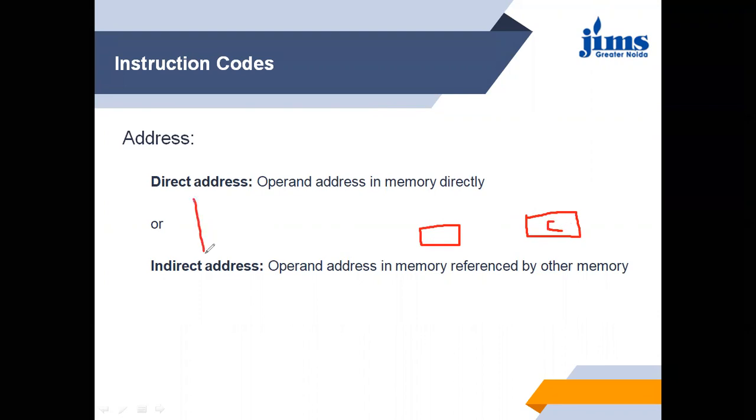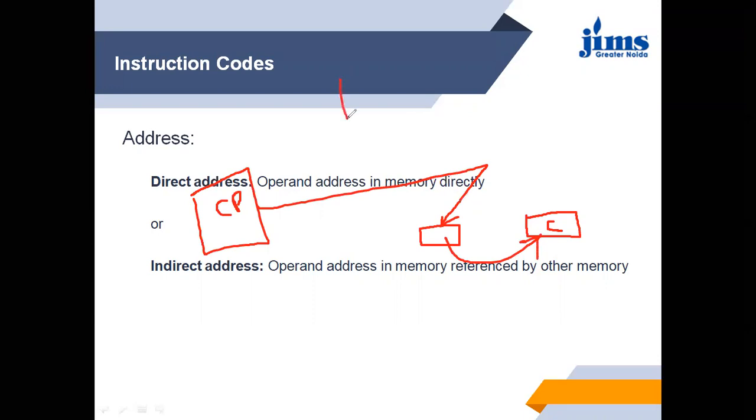Suppose this is a CPU. It wants to access the opcode, so first it will approach this memory, and this memory then approaches this memory. So this is called indirect mode.